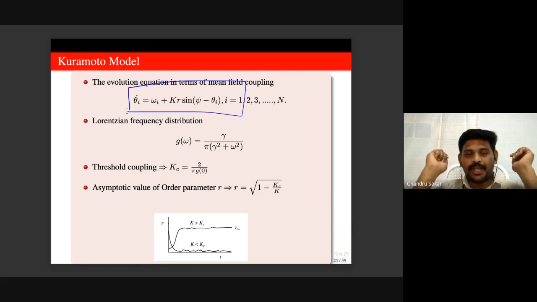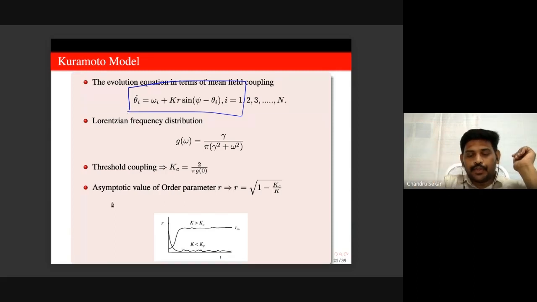The threshold coupling is Kc equal to 2 by pi g of 0. He also found the asymptotic value of the synchronization measure, that is the order parameter R, for the non-zero R value. So R equals square root of 1 minus Kc by K.